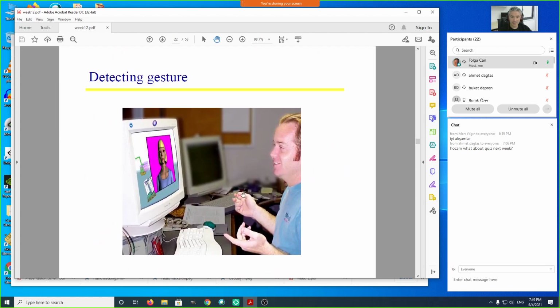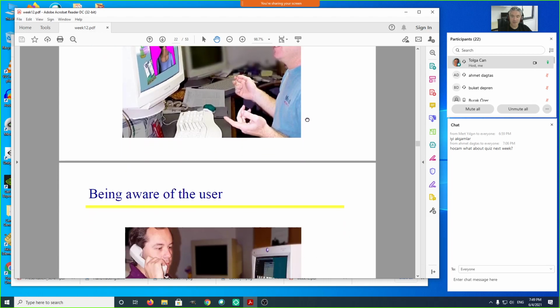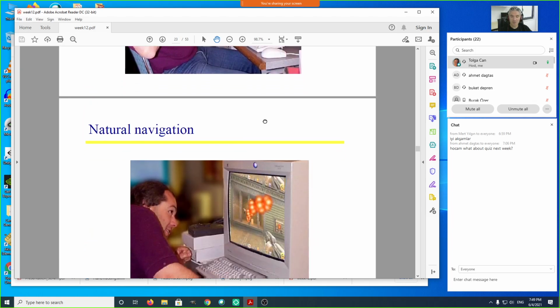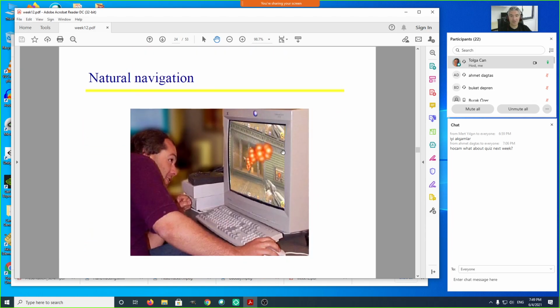So detecting gesture, being aware of the user. I told this before when I was talking. So when the user is on the phone, the computer goes into some waiting mode. Or natural navigation. So when you're playing a first-person shooter game, to dodge the bullets or whatever these are, you may use your physical body to do that.